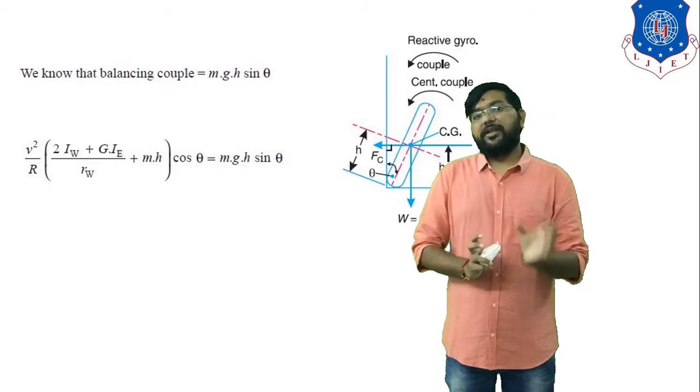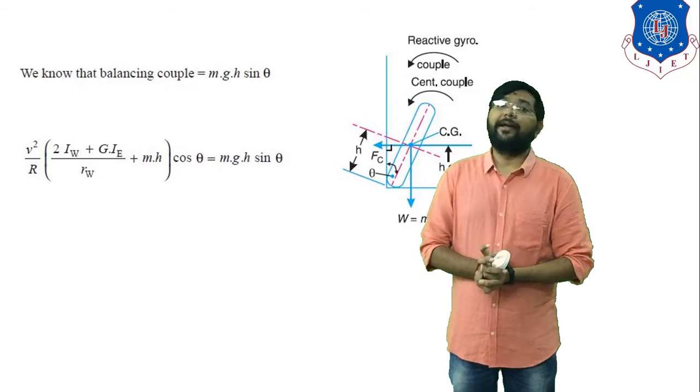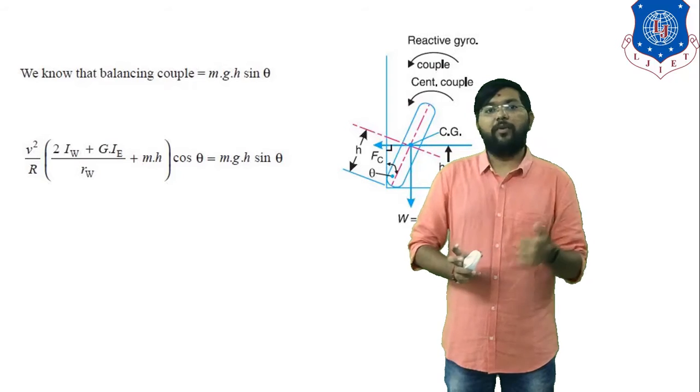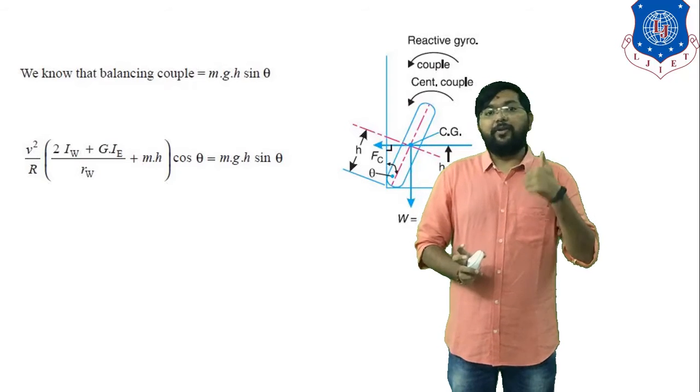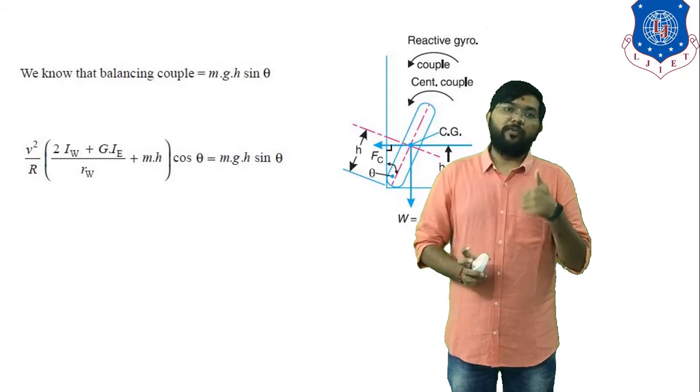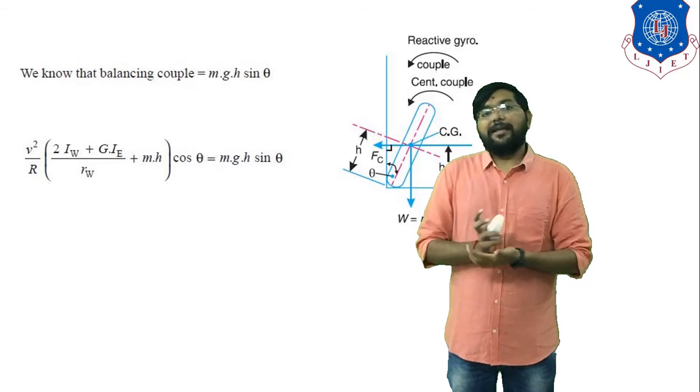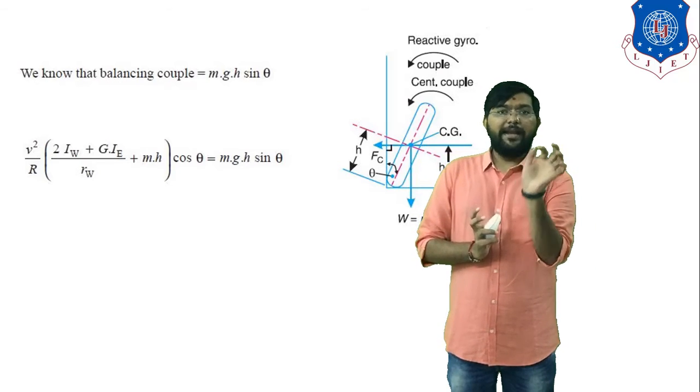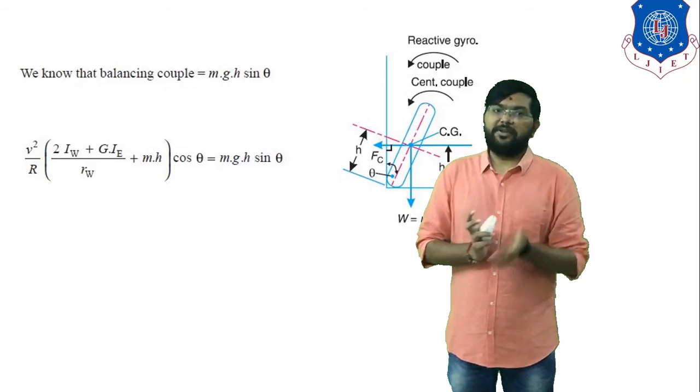Based on this equation you have to find the angle of heel. Now we have only one unknown, that is theta, and you all know theta indicates the angle of heel. So theta can be found as tan inverse of this equation.